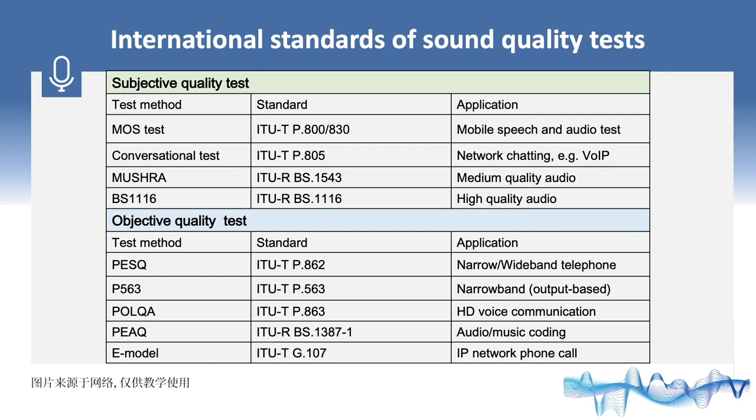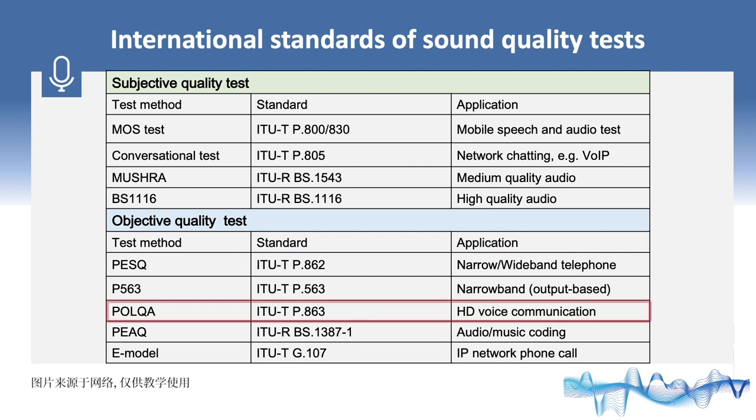As to the objective quality test, the most common method is PESQ, Perceptual Evaluation of Speech Quality, which can be used to test the speech quality of narrow or wideband telephone communication.